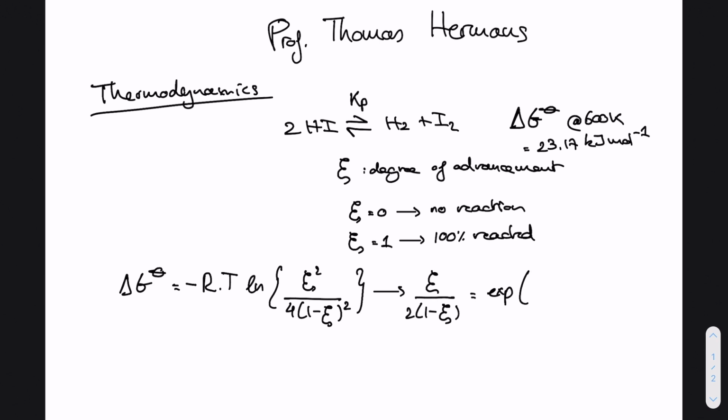Exponent minus delta G naught over 2RT equals 0.0981, and from that we can calculate the degree of advancement, 0.16. So that means only 16.4% of the reaction will proceed at 600 degrees.